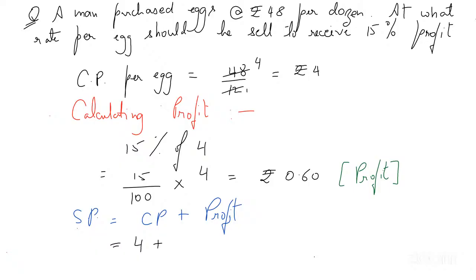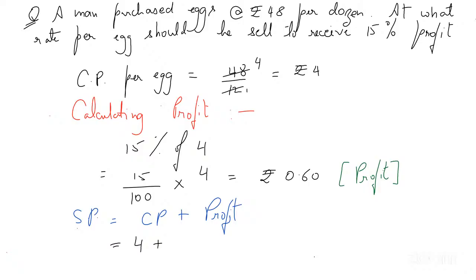See, Abraham, the question says at what rate per egg should he sell to receive a 15% profit?